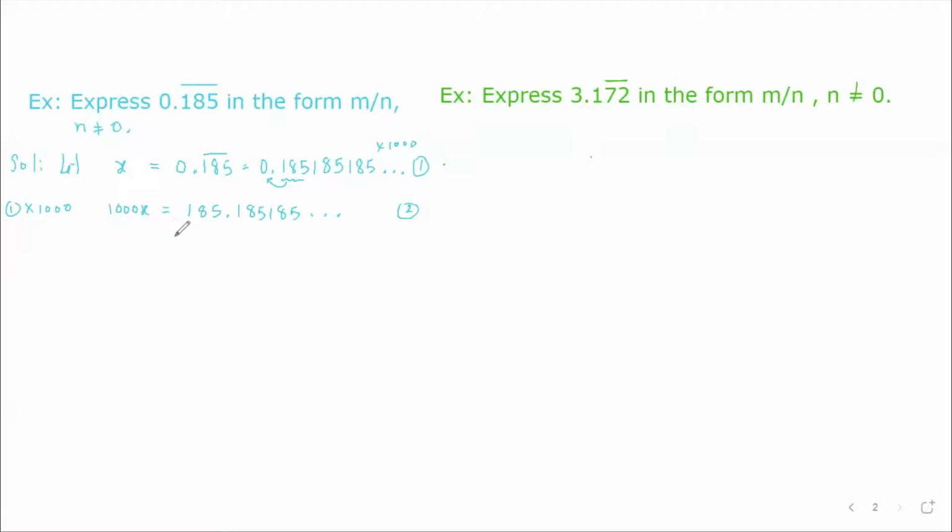Now you see from equation 1 and equation 2, we have isolated the repeating digits already. So we can take equation 2 minus equation 1.